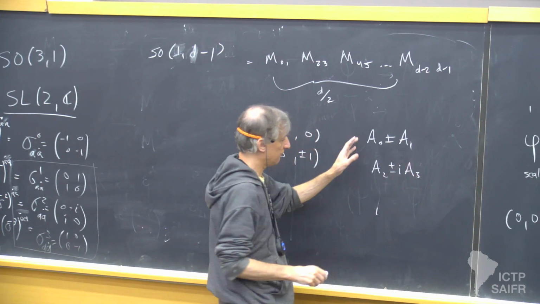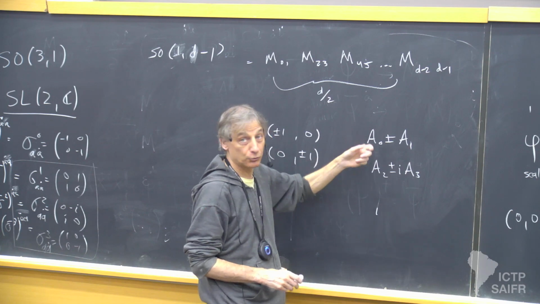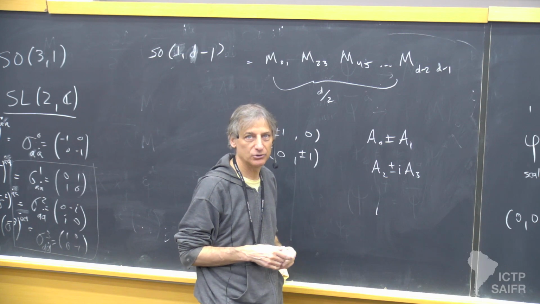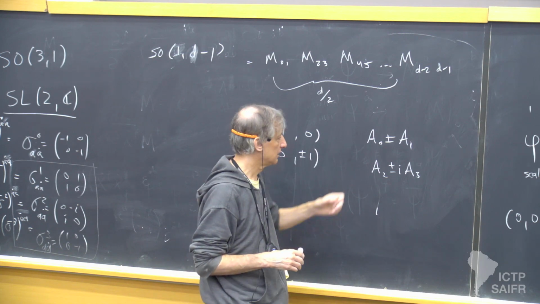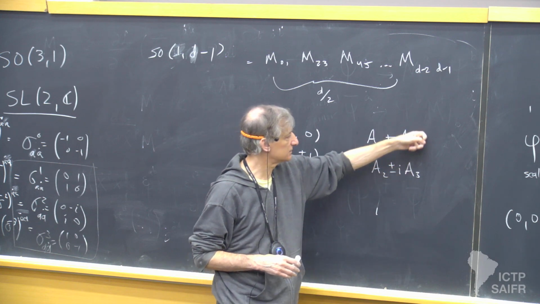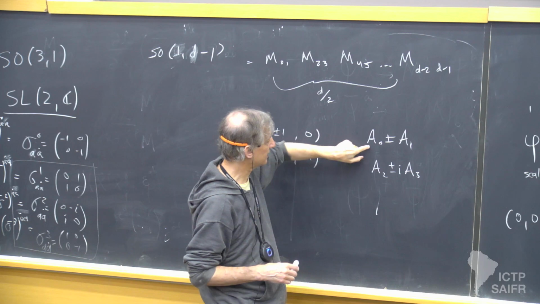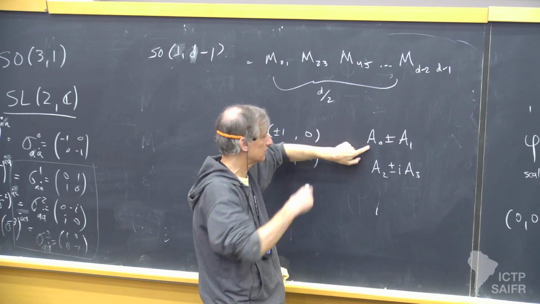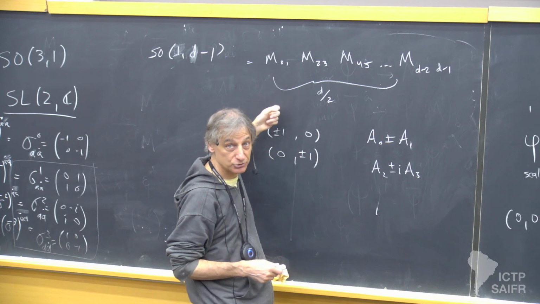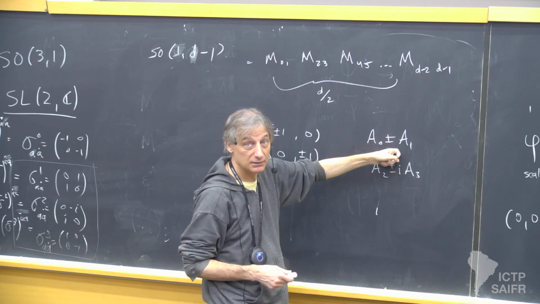So a photon or a vector in 4 dimensions has 4 degrees of freedom. I'm not talking about physical ones, just how many components the vector has. And we can decompose it in this way, where these components, if I do a boost in the x direction, transform with a certain charge, which will be plus or minus 1, depending on the sign.